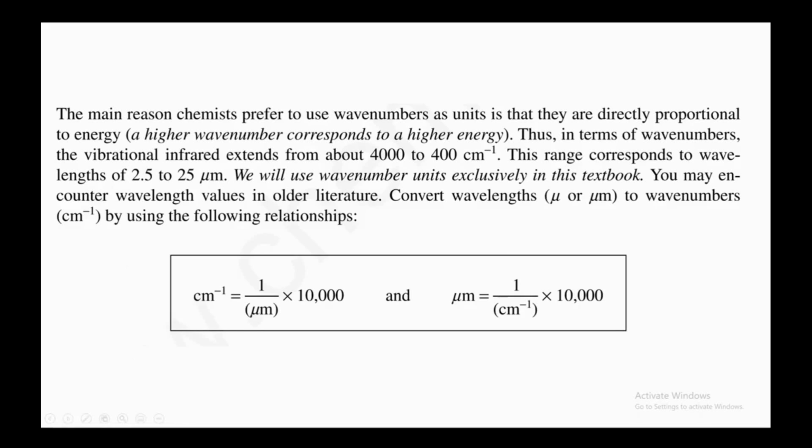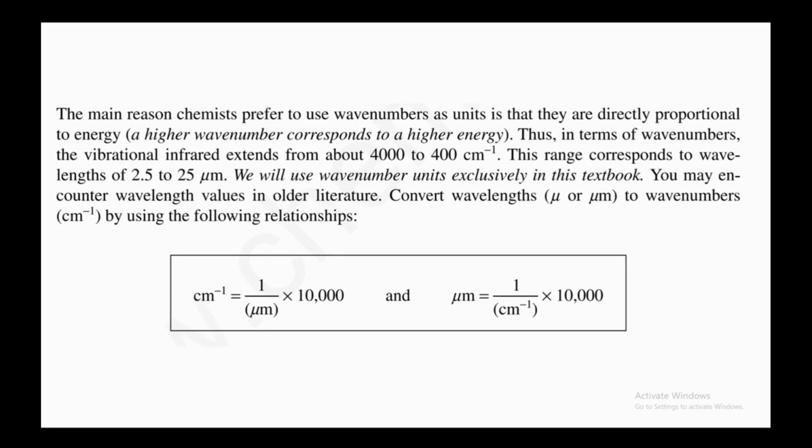The main reason for chemists to prefer wave numbers as units is that they are directly proportional to energy. A higher wave number corresponds to a higher energy, and the IR region is from 4000 to 400 per centimeter. This range corresponds to wavelengths of 2.5 to 25 micrometers.